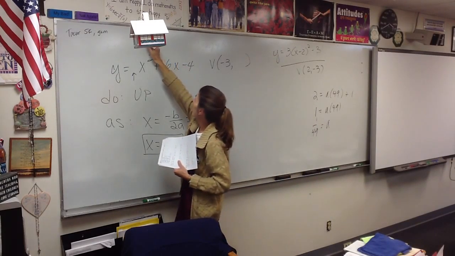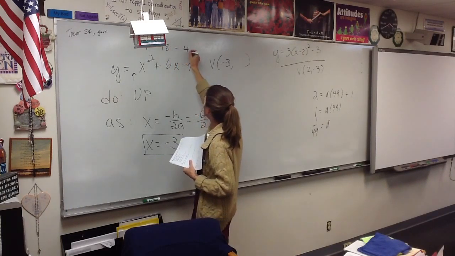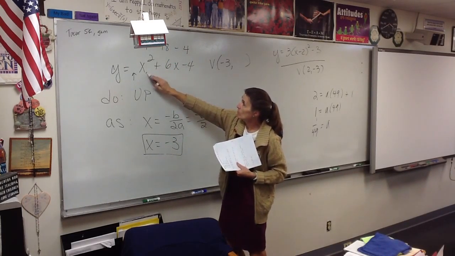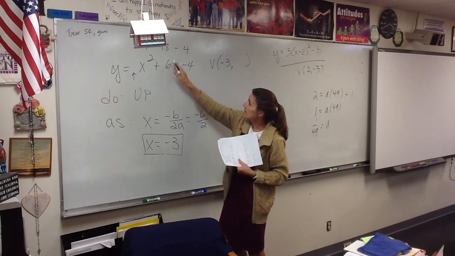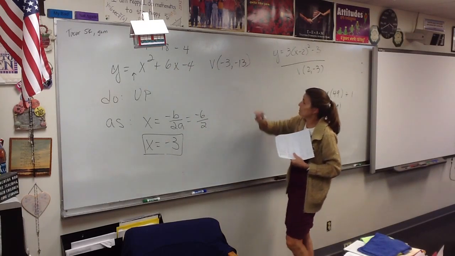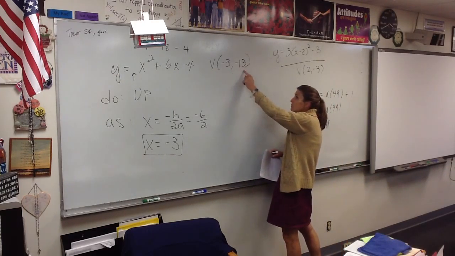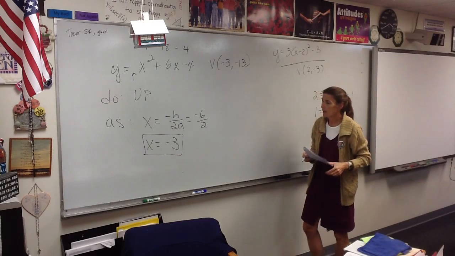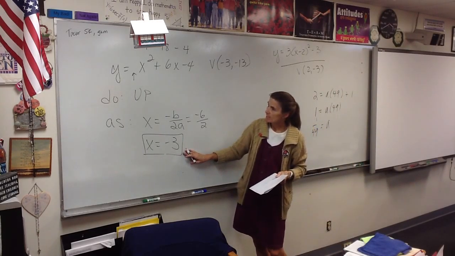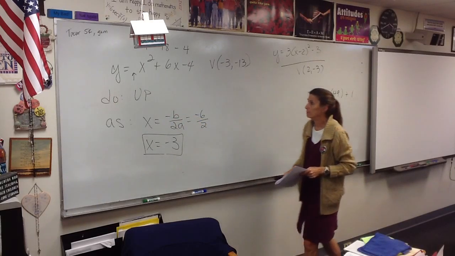So that would be 9 minus 18 minus 4. So I'm putting in -3 and squaring it, and the arithmetic gives me -13. So my vertex is (-3, -13). My axis of symmetry is x equals -3, and my direction of opening is up.